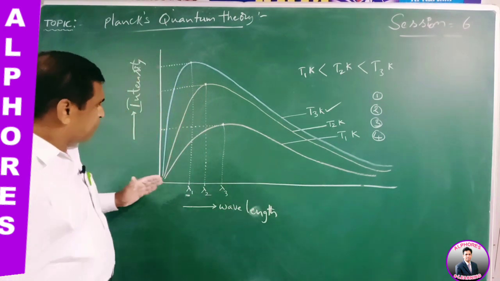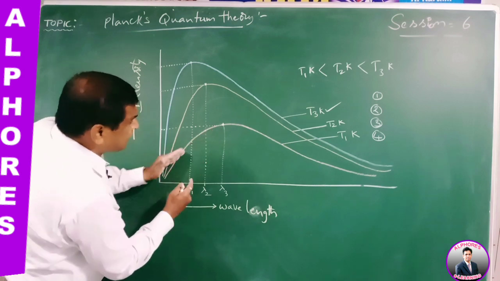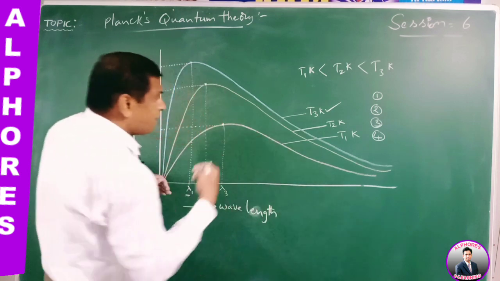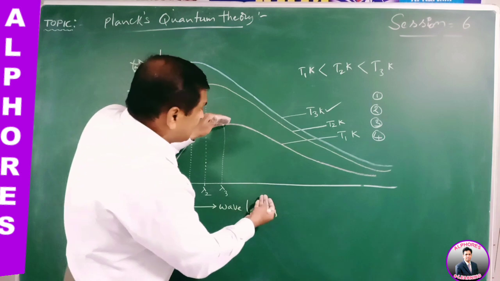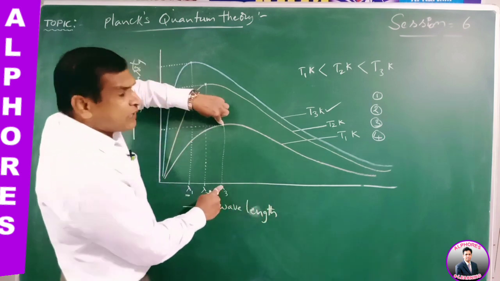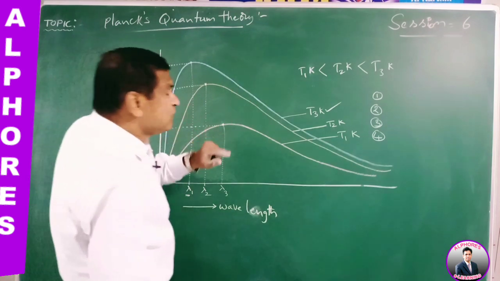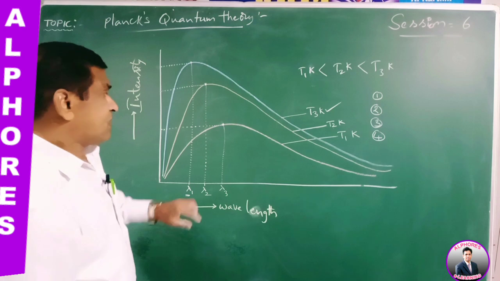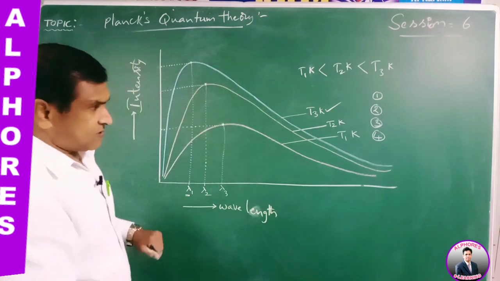Second point, intensity of the radiant energy increases, the height of the curve increases with increased wavelength of the light, becomes maximum to a certain extent, then intensity decreases. Coming to the third point, as the temperature increases, the intensity of the radiation energy increases.